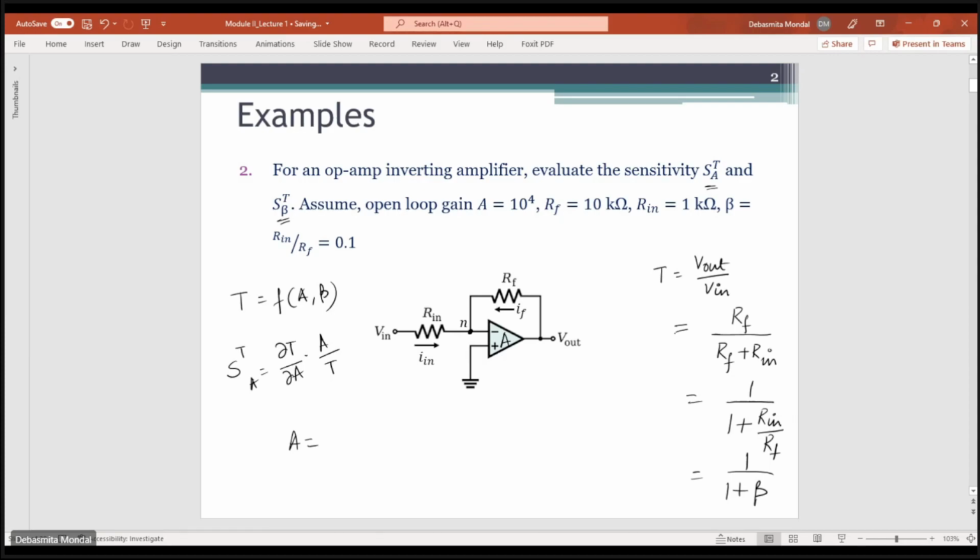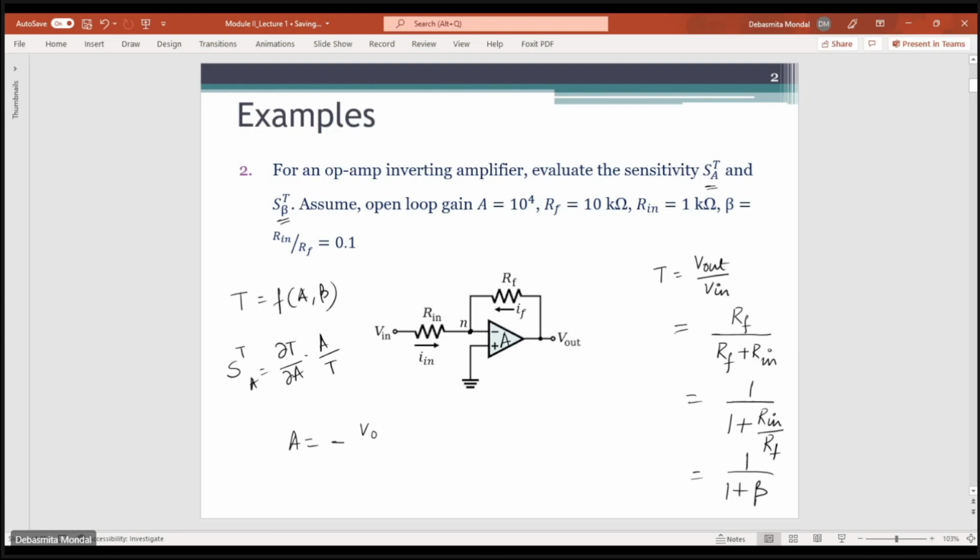Now you are talking about only the gain of the op amp. Ma'am, the inverting terminal it should be. So V in minus R in I in it should be. So first of all, it is going into the inverting terminal, so a minus sign will come, and the value of A is only defined by V out and the voltage at this inverting terminal.